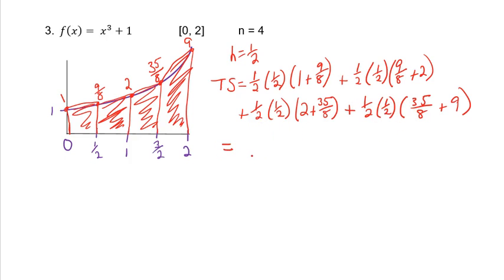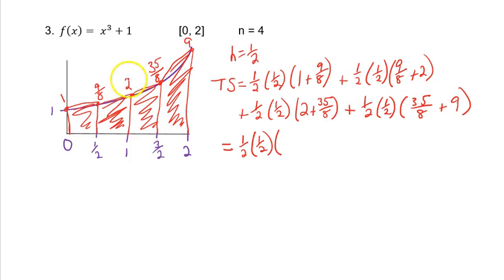But to make this shorter for your future problems, notice they all have a 1/2 because that comes from the formula. The height is all the same because they're equally spaced. And then look at the bases. You have 1, 9/8, 9/8, 2, 2, 35/8, 35/8, 9.